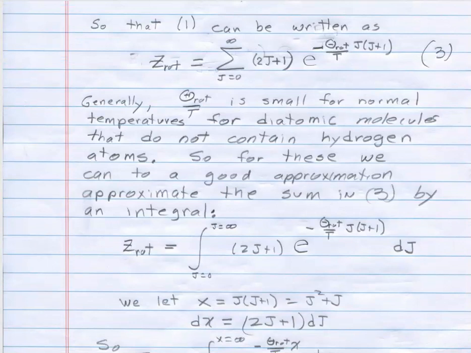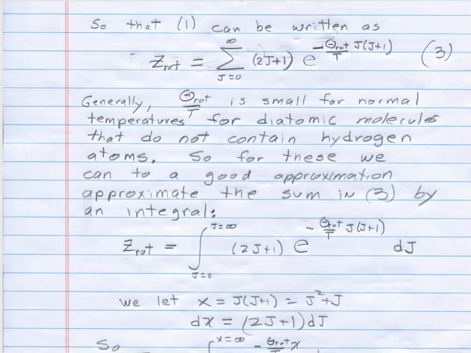Well, it takes some experimentation, but let me just give you the results of a body of experiments that have been done over the years, and that is that so long as this ratio, theta rotation divided by the temperature you're at, is small, and that's generally true for normal, room temperature-ish temperatures, and for diatomic molecules, so long as the molecules don't have one or both of the atoms being hydrogen.